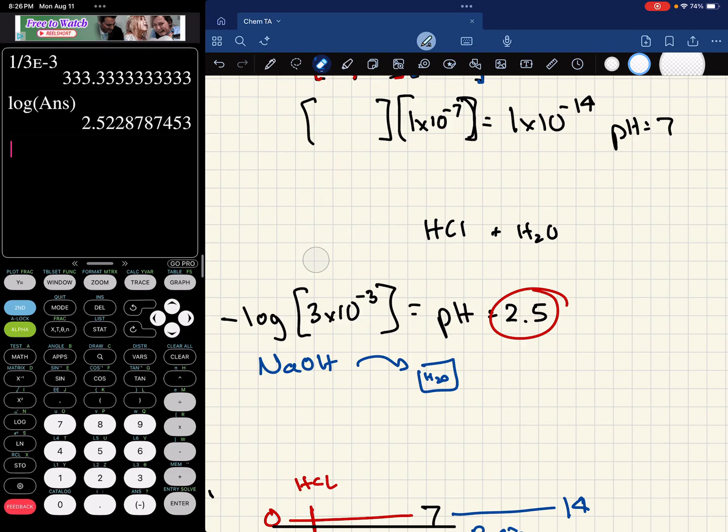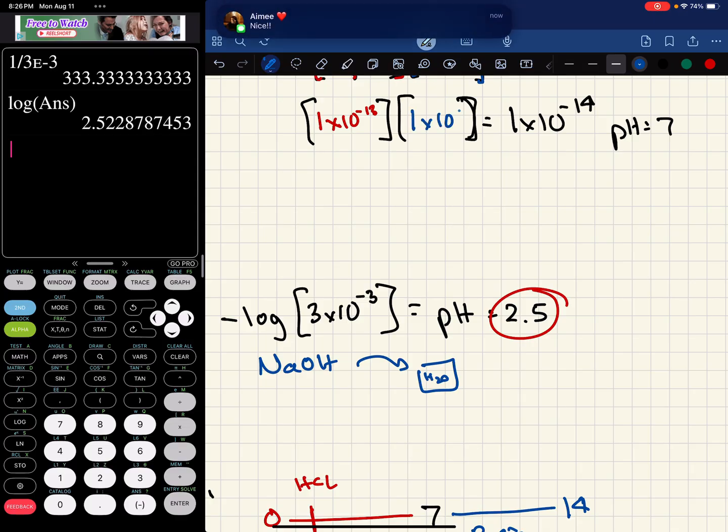We're looking up here. Okay, it goes to 1 times 10 to the negative 13, and then we would have 0.1, like that. Okay, so this would be our OH minus concentration, and this would be our H plus concentration.